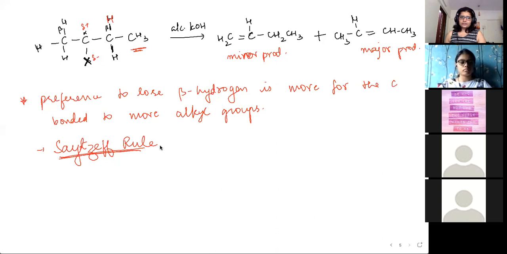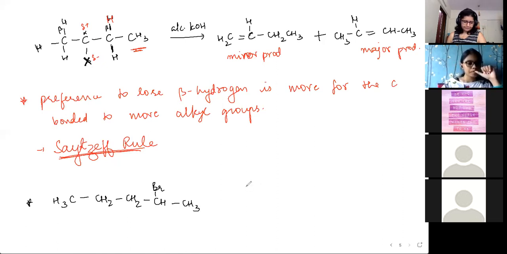Okay, so another example I have here: let's say you have H3C, CH2, CH2, CHBr, CH3.